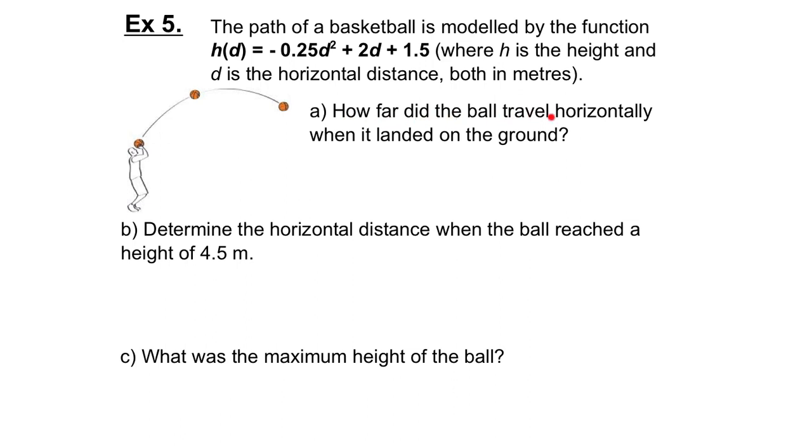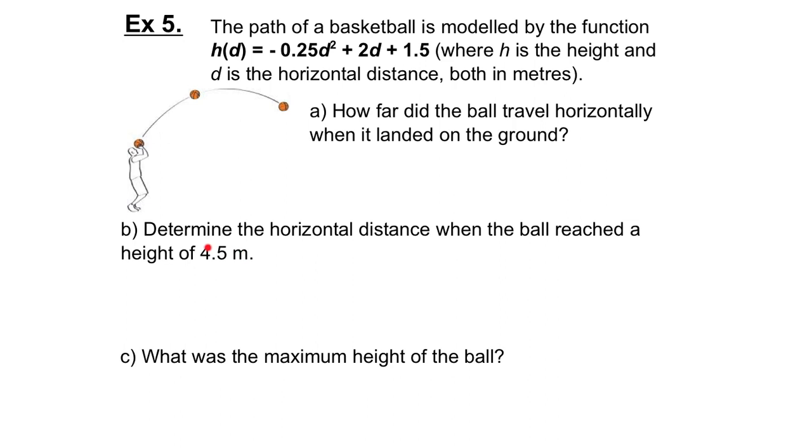How far did the ball travel horizontally when it landed on the ground? So you have to think, when it landed on the ground, what was the height? That will help you determine where to put that number in the equation and solve for the horizontal distance. Part B, determine the horizontal distance, so calculate d, when the ball reached a height of 4.5 meters.